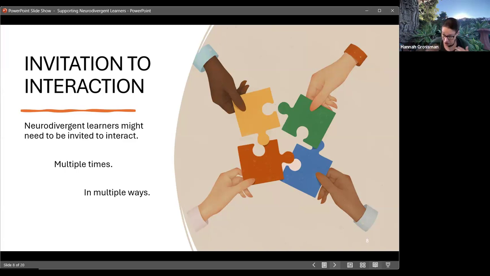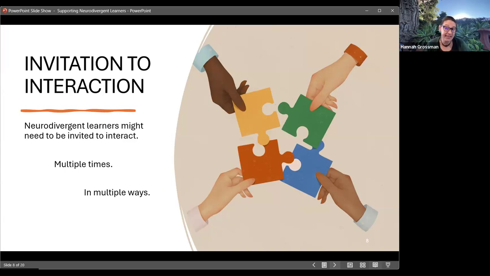Think about in your learning situations, in different ages of learners, how you invite your learners to participate in the learning situation. Think about how often you're inviting the learners to participate. Think about how big your ask is that invites the learners.